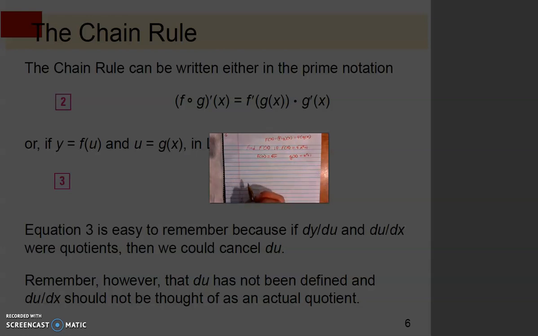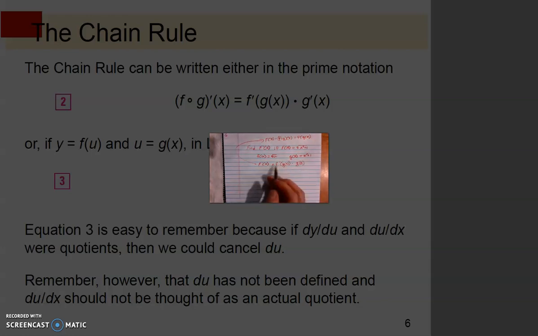In order to calculate it appropriately, the chain rule definition tells us that f prime of x, in relation to this, is going to equal f prime of g of x times g prime of x.